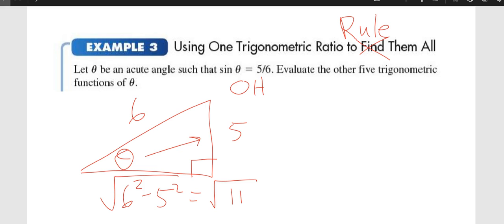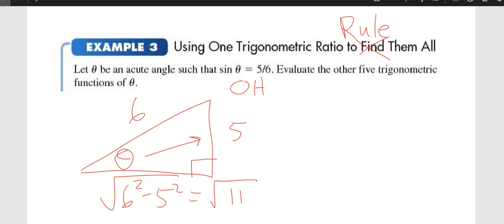If I multiplied everything by 4, I'd get 12, 16, and 20. So that's an example.